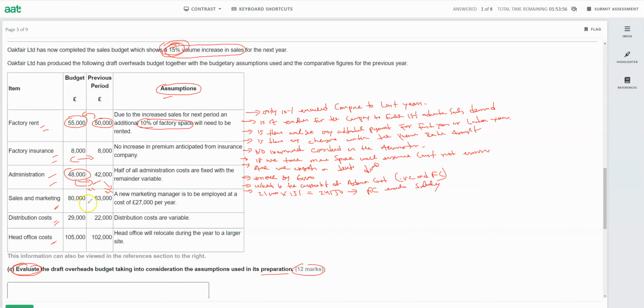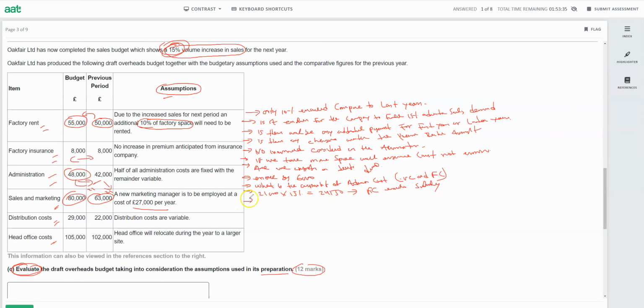Then you have a sales and marketing. From 63,000 to 80,000 is a new marketing manager is to be employed at a cost of 27,000 per year. That means from 63 to 80. That's the reason the sales and marketing costs increase. So we need to say what is increasing.